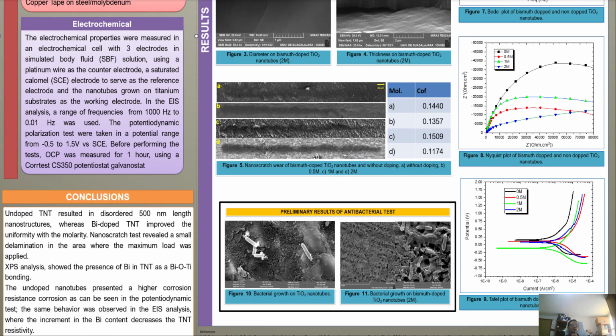When we arrive at the Tafel plot, we can appreciate that for undoped nanotubes the current starts increasing at a more noble potential. These curves indicate that the undoped sample is more resistant to initiation and propagation of localized corrosion than the doped nanotubes.